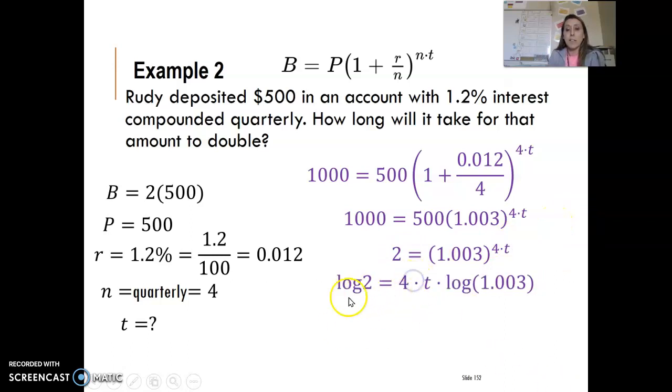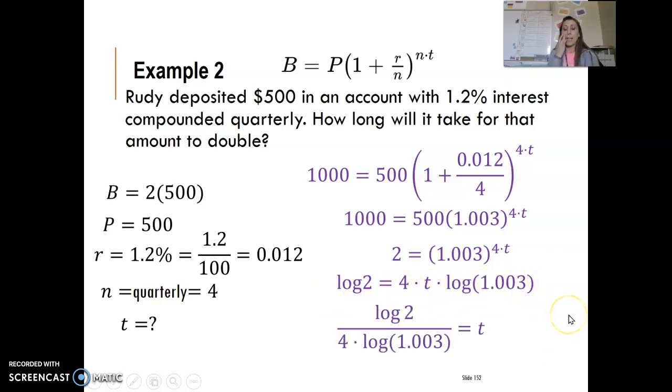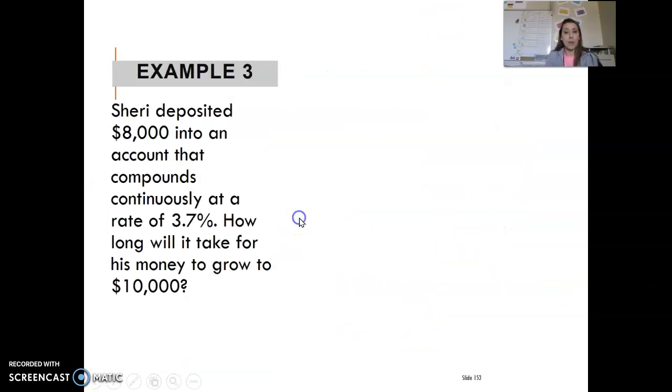So now we can take the log of both sides and apply the power rule. Then I'm going to divide both sides by this 4 and this log 1.003. I end up with log 2 over that, and we plug that in, and we end up with about 57.85 years. All right, so that is how you would solve it with compound interest.